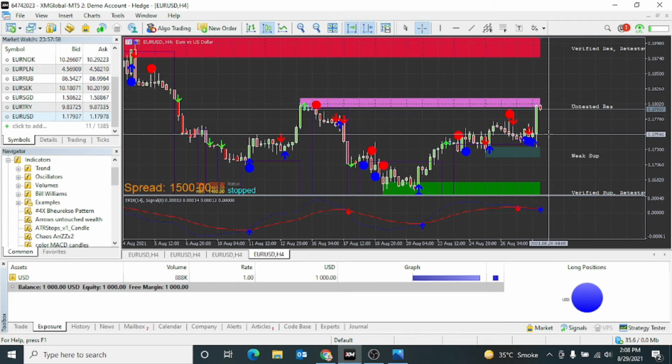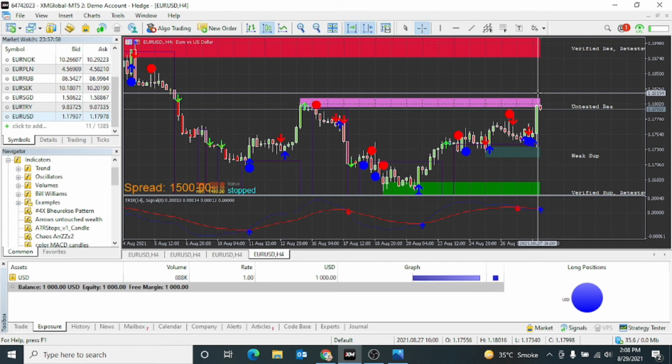It's very good, like 1-time stop loss, 2-time profit. If the market goes in favor, you will get 40 pips profit, and if in the worst scenario the market goes against the position, you can set the stop loss at this point.